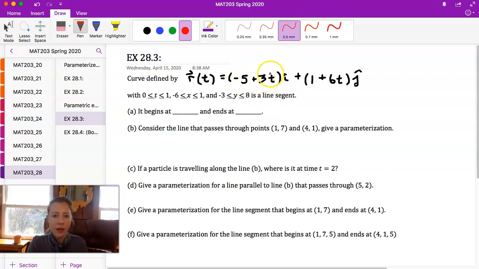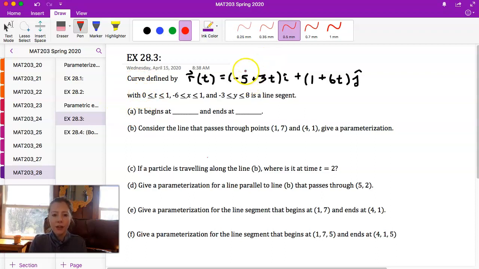This is going to be a line segment because we have a start point and an end point. Looking at this, we have to figure out the start and end point of our line segment. We know it's a segment because we have limitations on time.